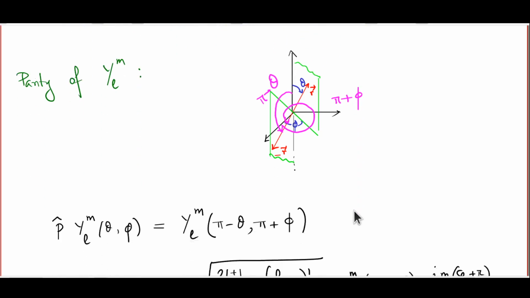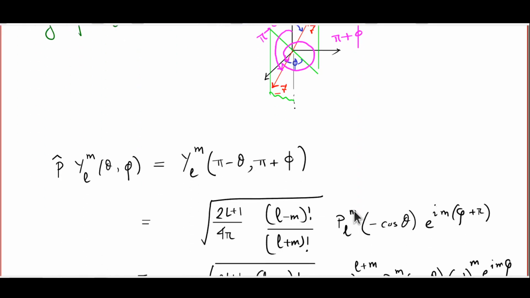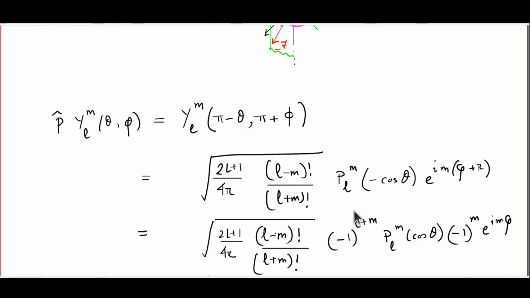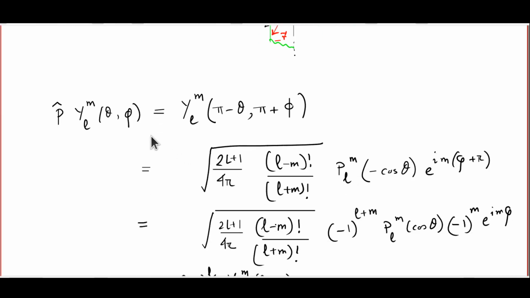So what happens to the spherical harmonics under parity? Well, Y_lm(theta, phi) under the parity operation becomes Y_lm(pi minus theta, pi plus phi). And this means the cos theta in the argument for P_lm gets replaced by cos of pi minus theta, which from elementary trigonometry is minus cos theta, and the phi here gets replaced by phi plus pi.